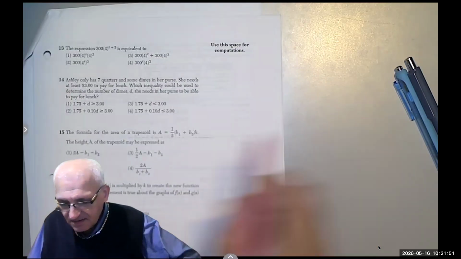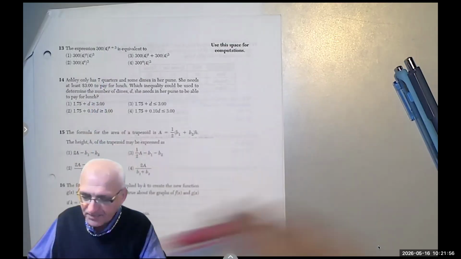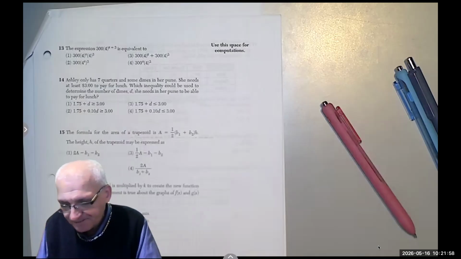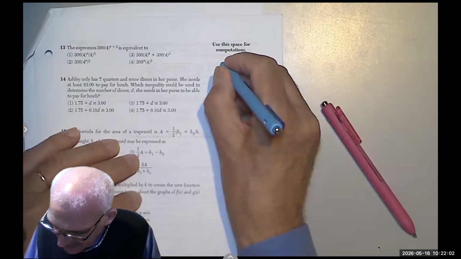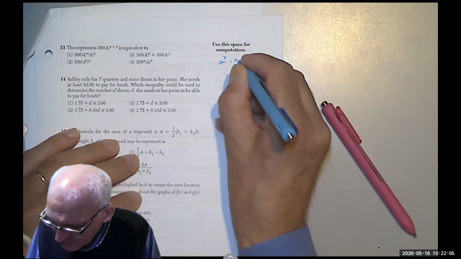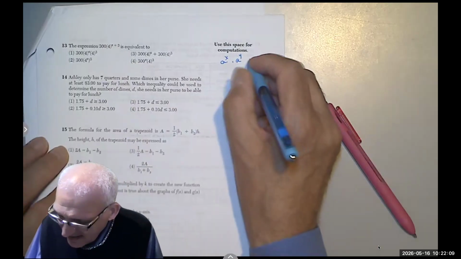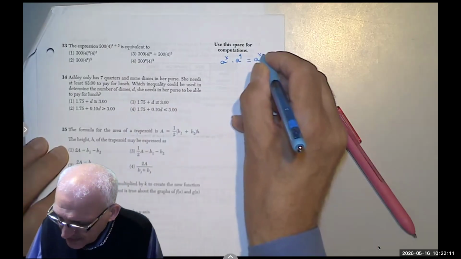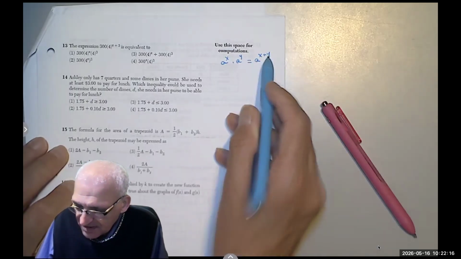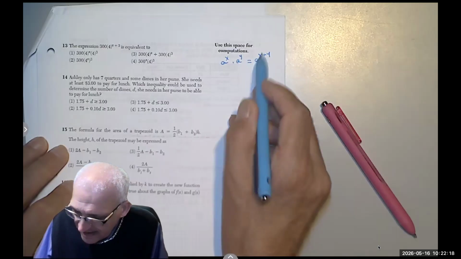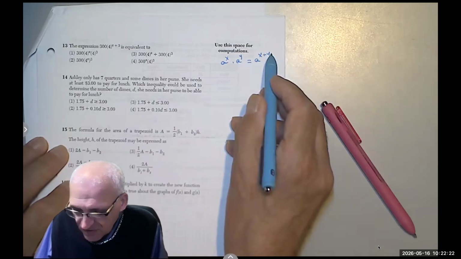Number 13, the expression 300 times 4 raised to the power of x plus 3 is equivalent to what? We know that if you have a to the x times a to the y, for example, you get a to the x plus y. Meaning, if I have addition in the exponent, it means a is raised to the first times a raised to the second.